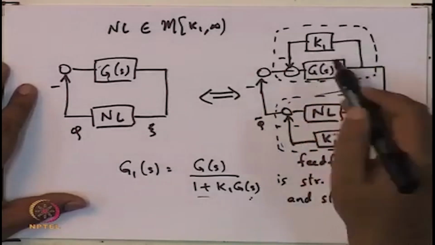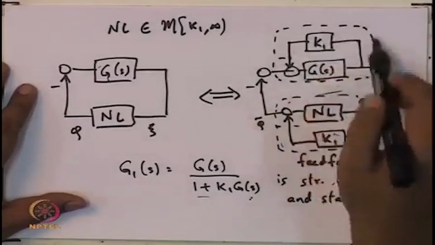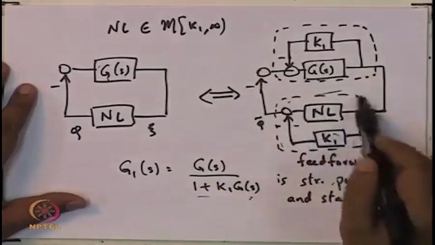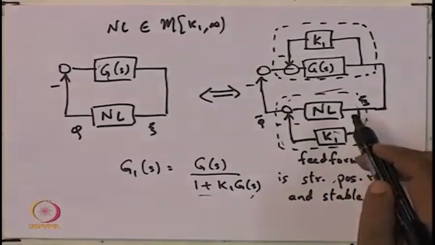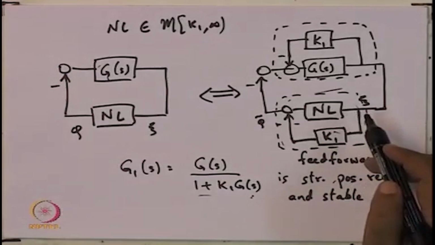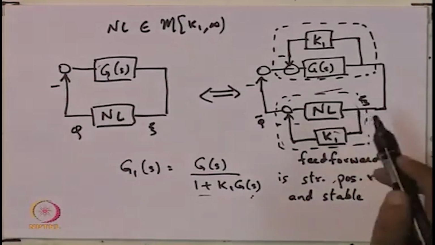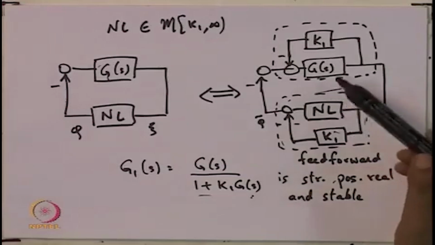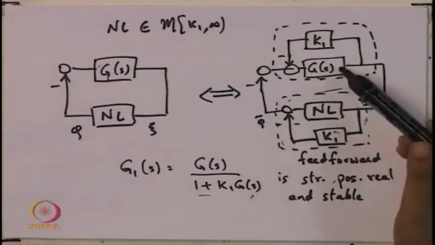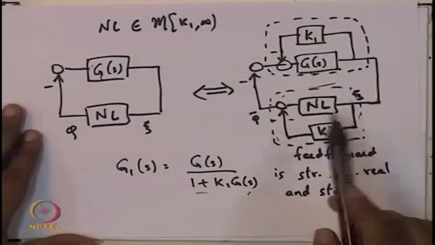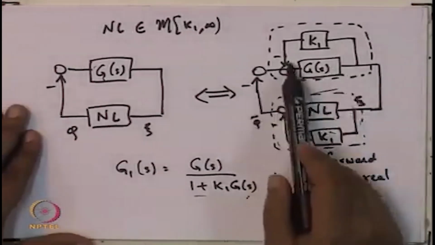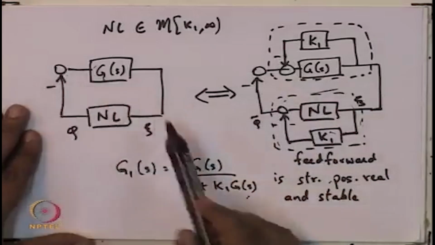Now, this modified linear plant along with this modified nonlinearity, together, you invoke the positive real lemma or the Kalman-Yakubovich lemma, whichever one is applicable, and then you can talk about the stability of that resulting system, and this resulting system is exactly equivalent to this system.